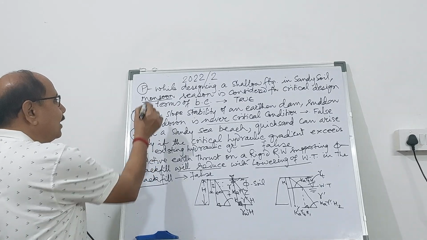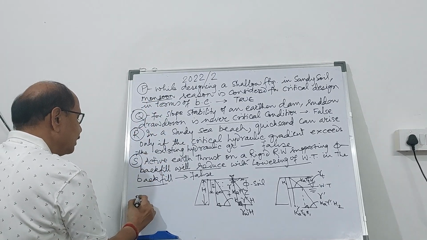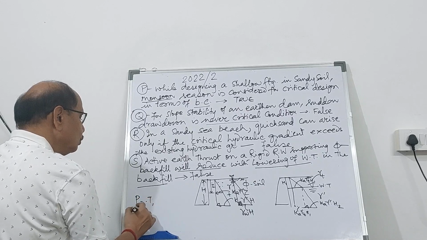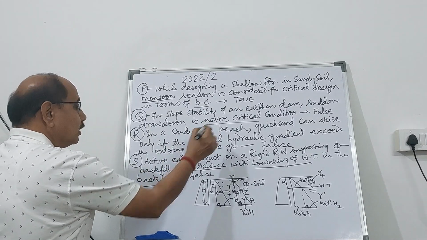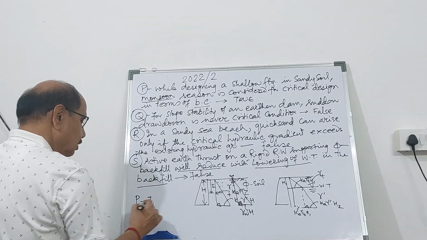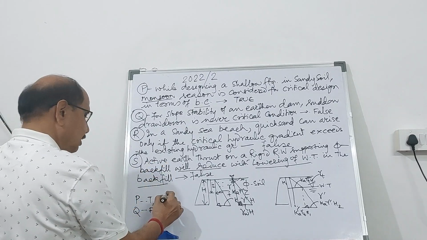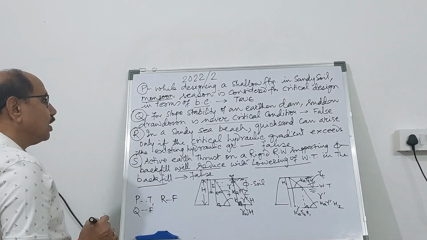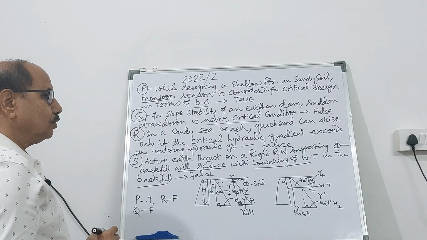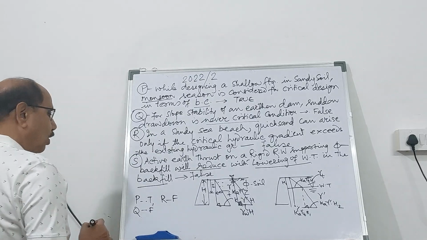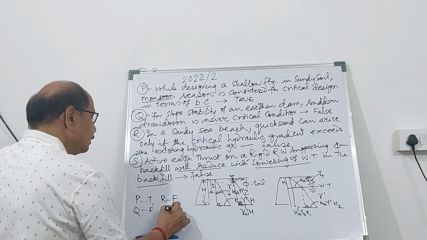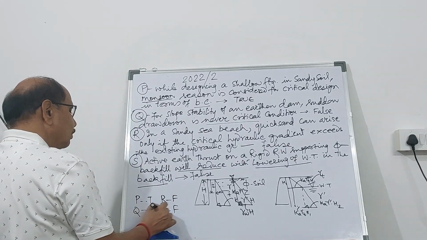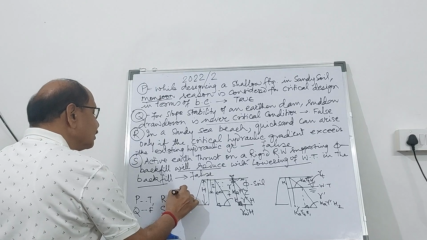So here P is true, Q is false, R is false, right? So R is also false. So true, false, false, false is the answer.